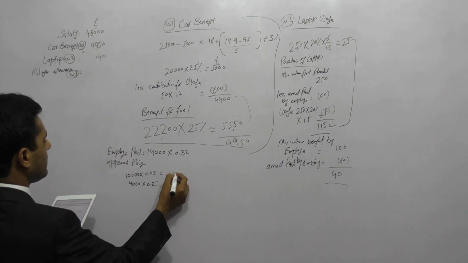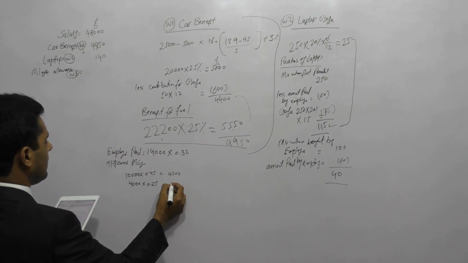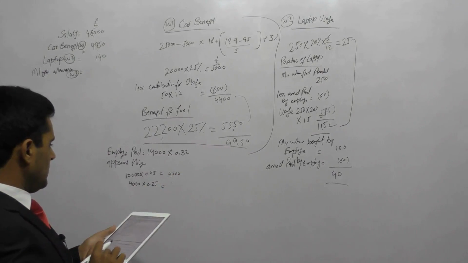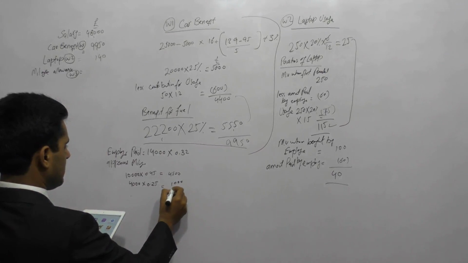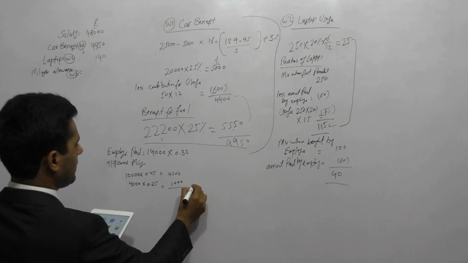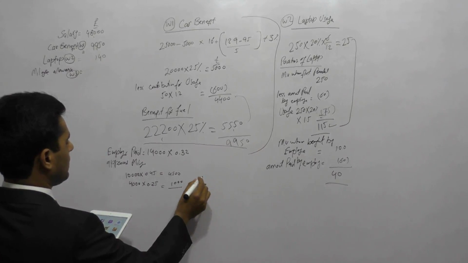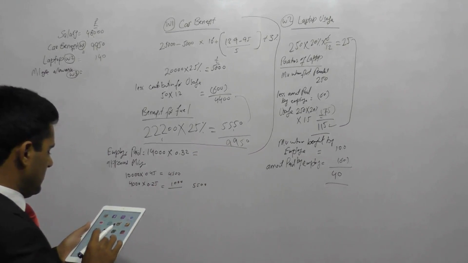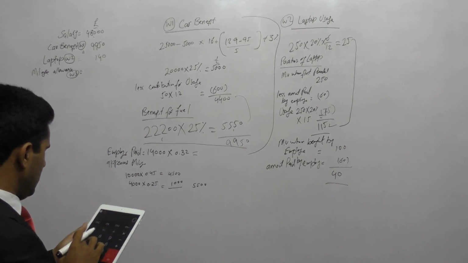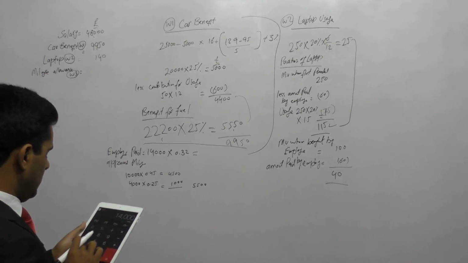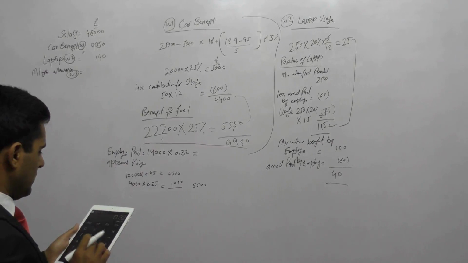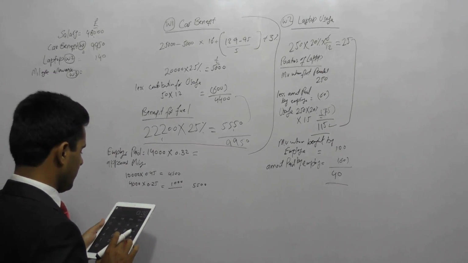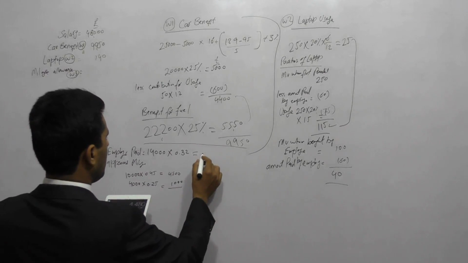So 4,500, and the rest comes to 1,000. So altogether 5,500. So 5,500 less 14,000 into 0.32, it comes to 4,480.